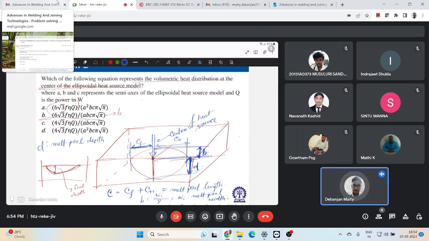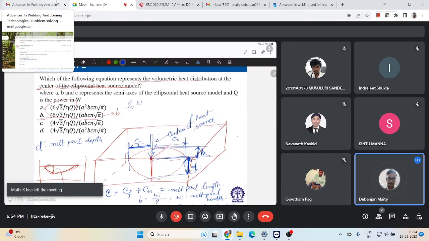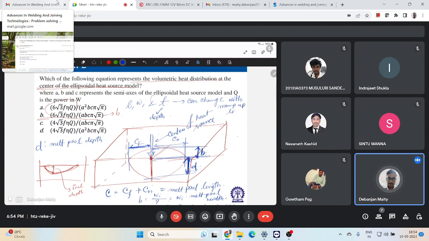And in the simulation, what happened? These values, this length, width, and depth, change with ramped up load. So this L, W, and let us say T is my depth, can change with ramp up load.